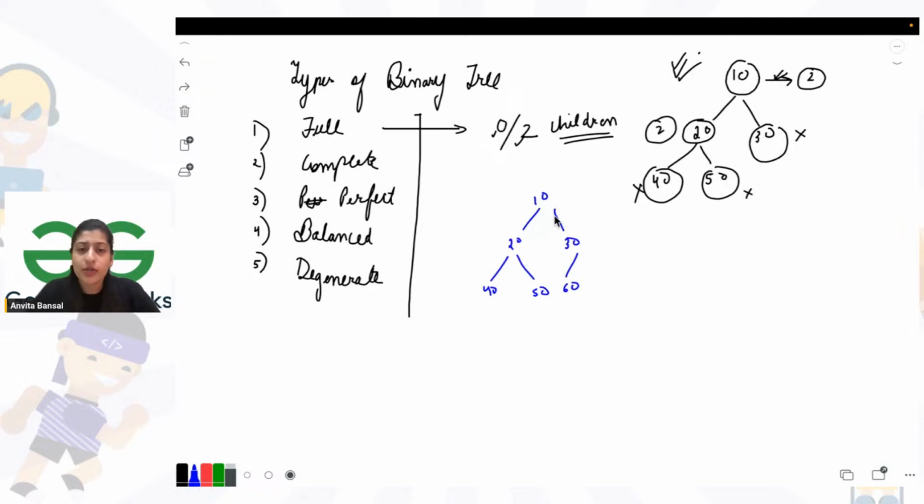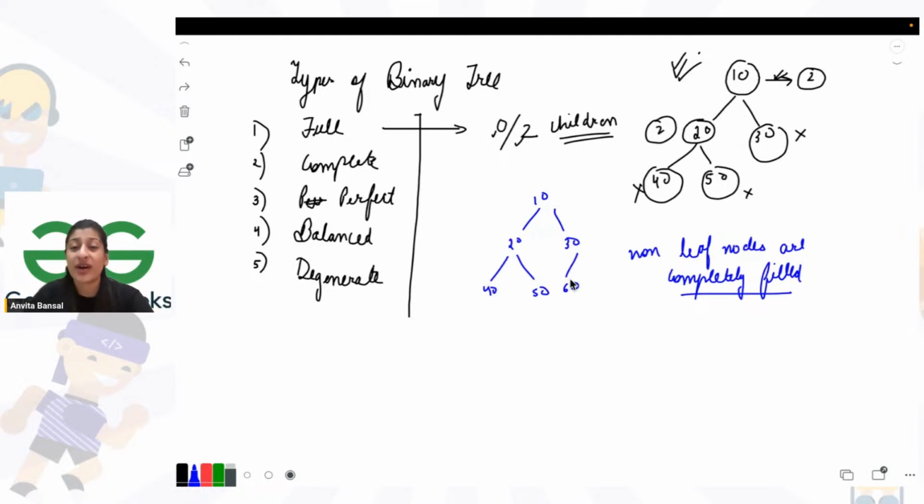So what you see here is, in a complete binary tree, all the non-leaf nodes are completely filled, which means that all the non-leaf nodes will have both children filled. But what about the leaf nodes? Leaf nodes may have no children, 1 child or 2 children, but in a way that you start filling from the leftmost node. Now when I give you this example, you will understand it better.